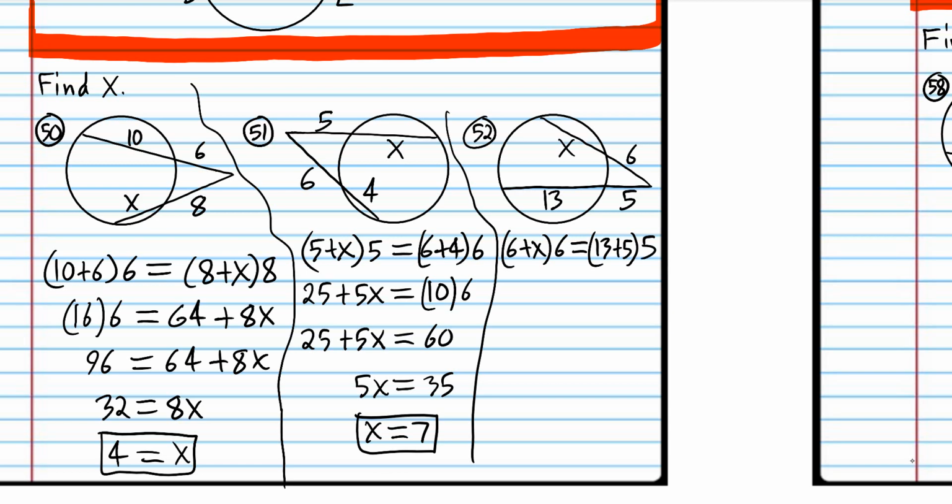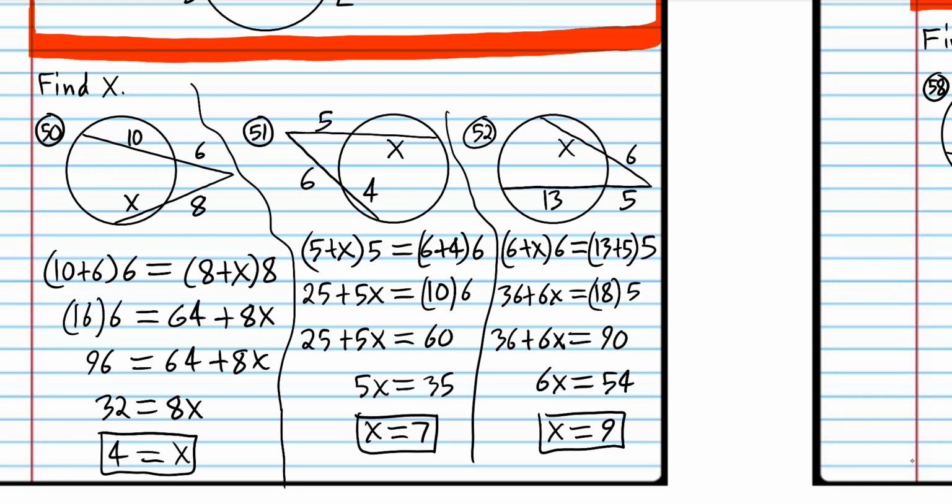So using distribution, we have 36 plus 6x, and add those up, and we get 18. And 5 times 18 is going to be 90. And then we just subtract 36 from both sides, and we get 54. And divide both sides by 6, and we get 9. So x is equal to 9.